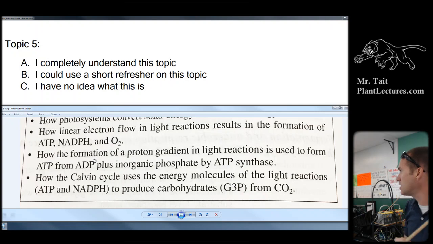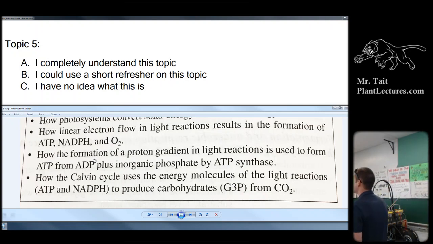How the formation of a proton gradient in the light reactions is used to form ATP from ADP plus inorganic phosphate by ATP synthase.